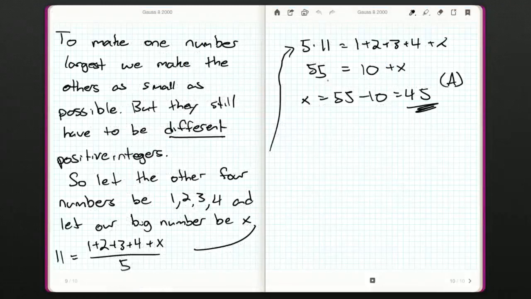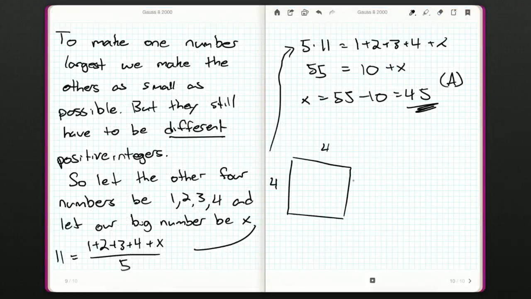So we know we're going to have a big square of side length 4 centimeters. This is the one that has an area of 16 centimeters squared. So 4 by 4.